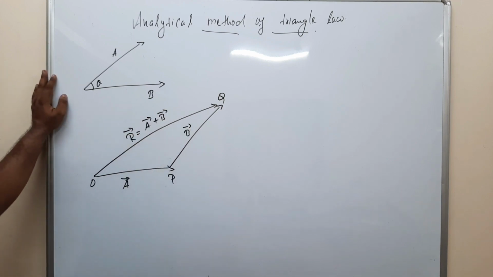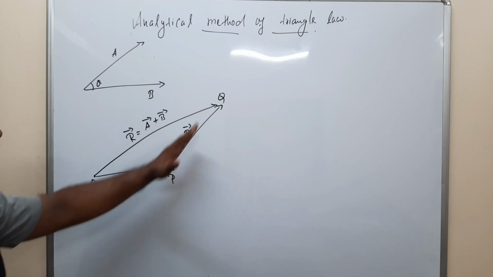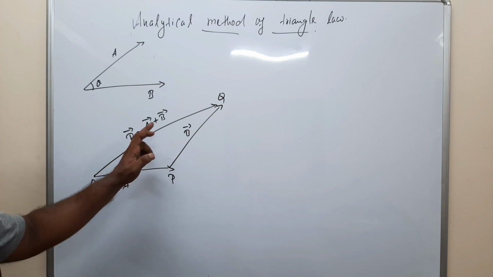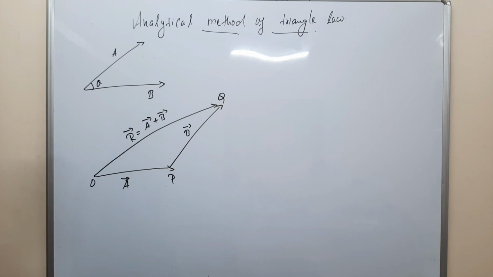The third side, in the opposite direction, gives the resultant of these two vectors.